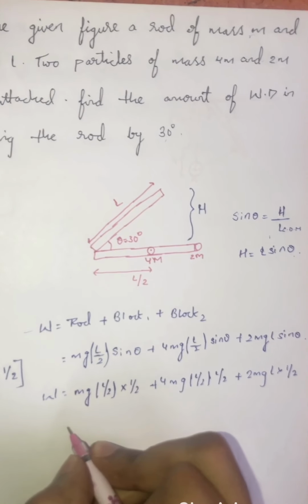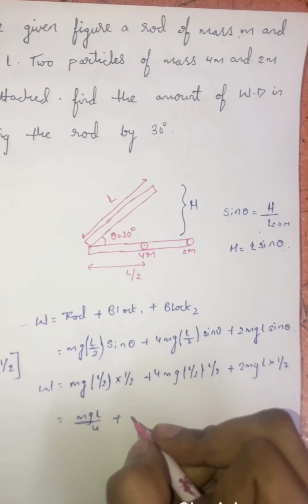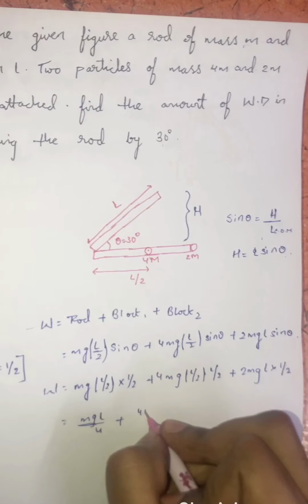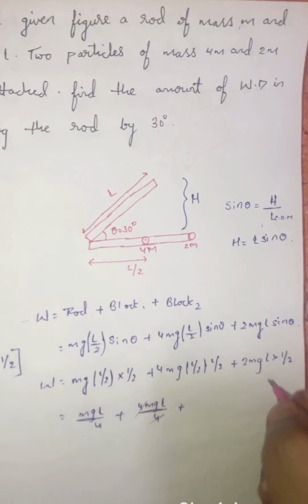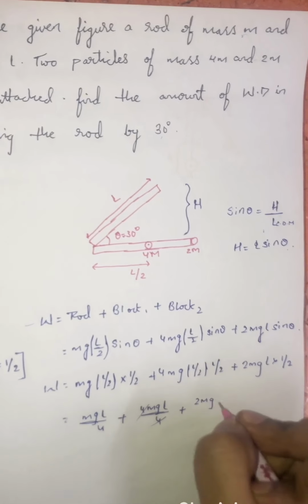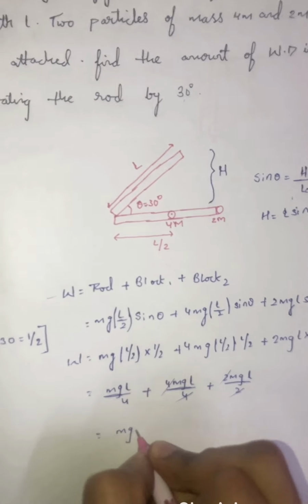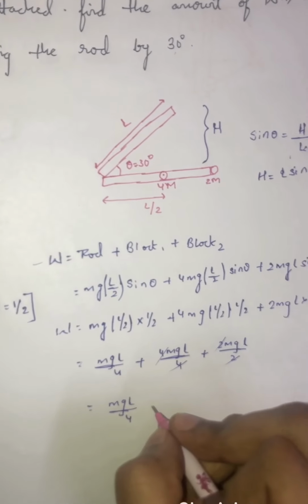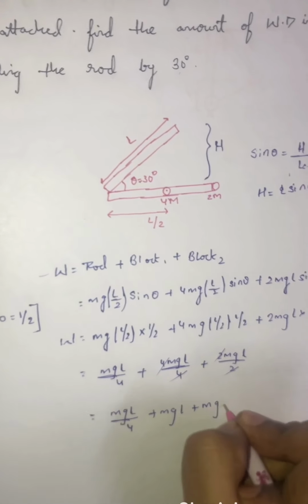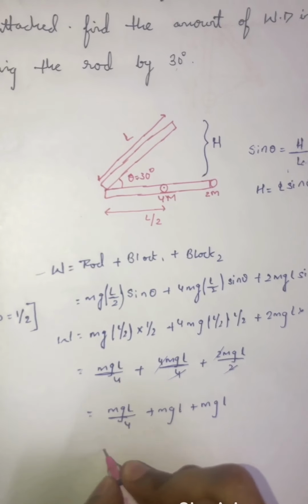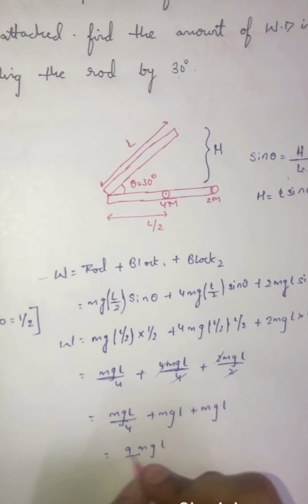So finally mgL by 4 plus 4 mgL by 4, 4 get cancelled, plus 2 mgL by 2, 2 get cancelled, so that mgL by 4 plus mgL plus mgL will be equal to 9 mgL by 4 by taking the LCM.